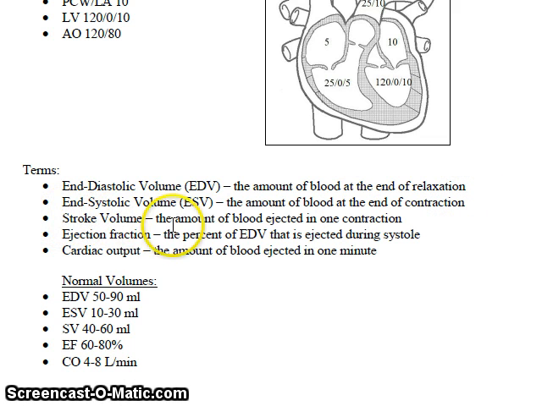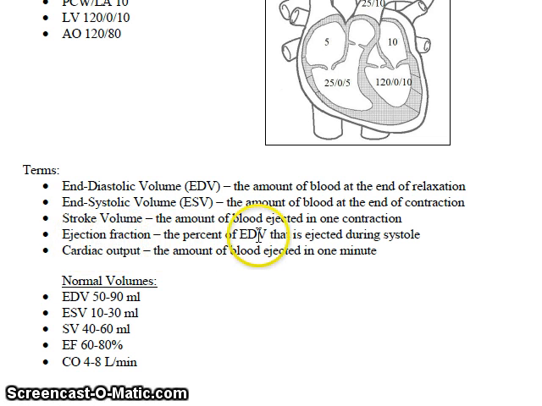The stroke volume is the amount of blood ejected in one contraction. The ejection fraction is the percent of EDV, the percent of that diastolic volume that is ejected during systole. So how much blood, in milliliters, is being ejected from that left ventricle during each contraction.